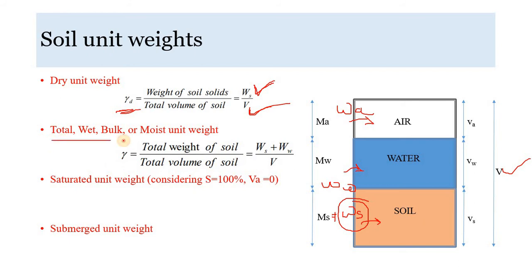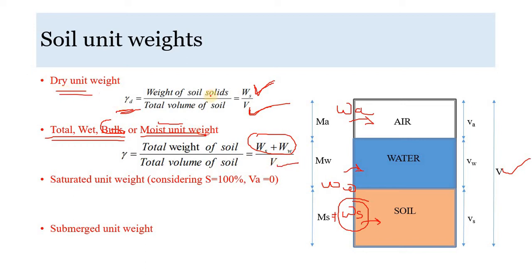Next, bulk weight or moist unit weight. Whenever we say bulk, moist is meant. So moist means the weight of soil plus the weight of water to the volume.